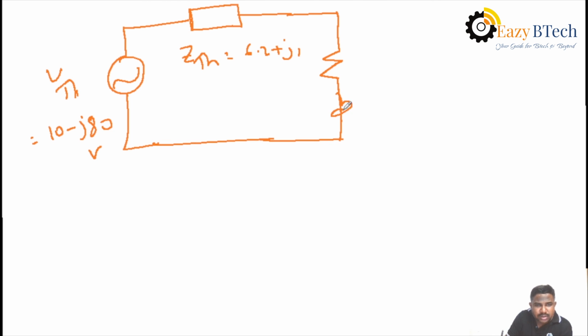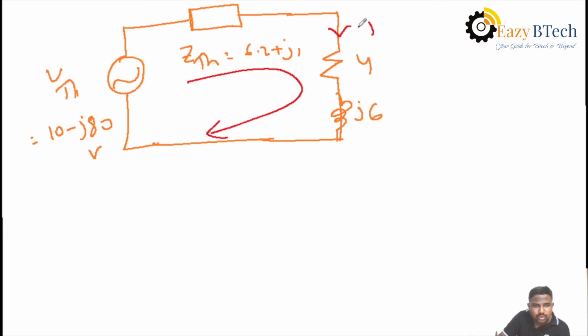What is the deleted element? That is 4 plus j6. Then the Thevenin circuit is a simple loop circuit. What is our aim? To find out the current passing through the impedance 4 plus j6.